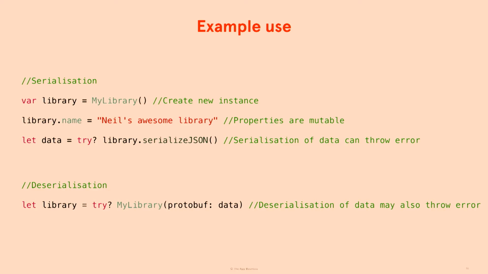And in this case, I'm serializing JSON because I made a slight error on my slides and meant to write serialized protobuf. But either way, serializing data is super simple. It can throw an error, but you can deal with that with normal error handling. And you literally just write that line.